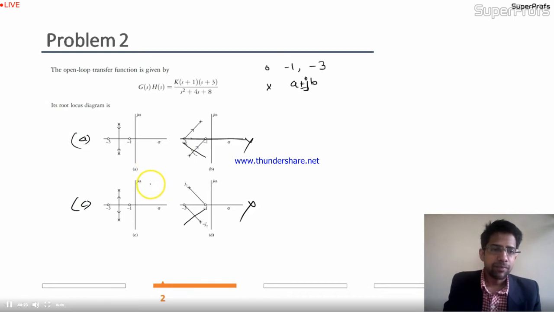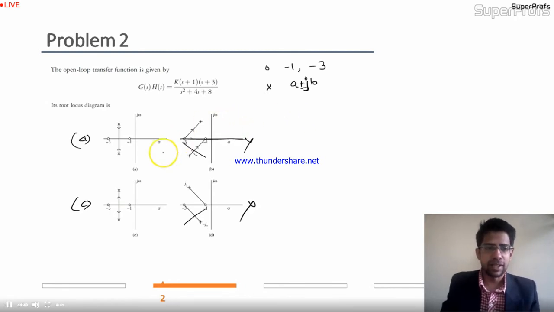Now another thing you see is that the direction of the root loci is different. In one case the root loci are coming from the poles, and in another case the root loci are going towards the poles. But we know that root loci originate from the poles and travel towards the zeros.